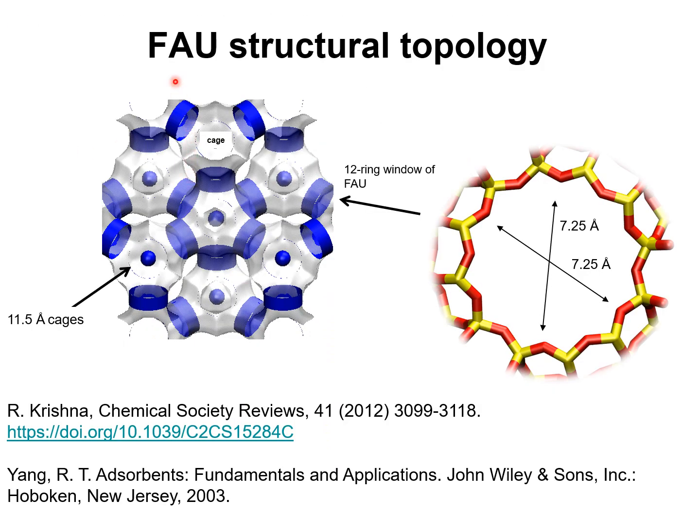Let's have a look at the structural topology of our zeolites. These consist of cages of approximately 11.5 angstrom. Each cage is separated from adjacent cages by 12-ring windows that have apertures which are approximately 7.2 angstrom.